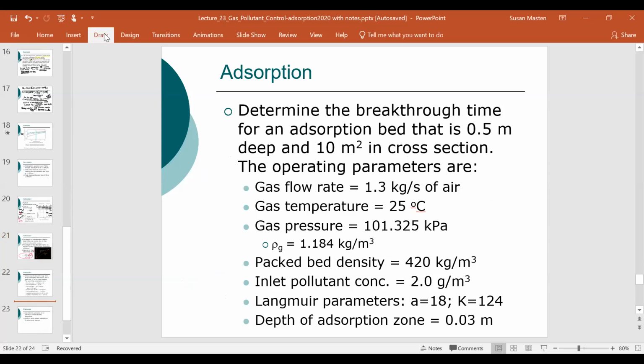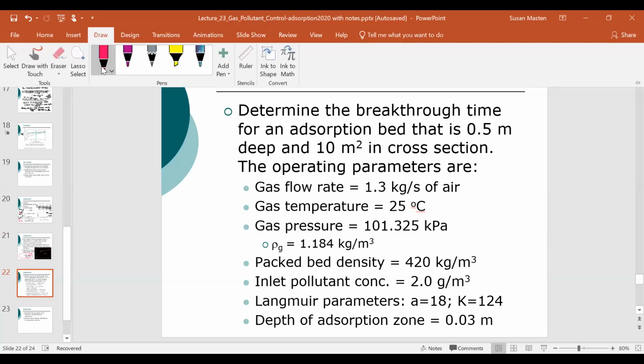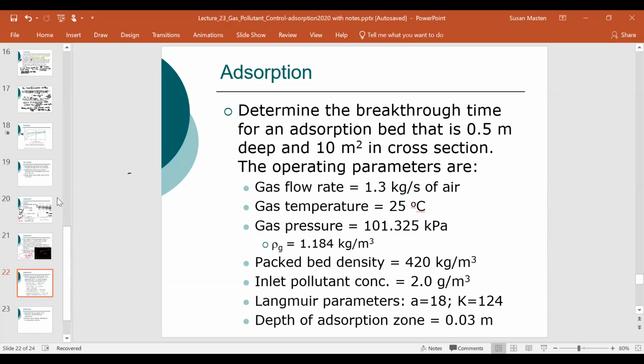So let's look at this example. Actually, I'm going to use the highlighter first. We're looking to determine the breakthrough time. We have a bed that is 0.5 meters, that's Z, and is 10 meters squared in cross-section. We have a gas flow rate of 1.3 kilograms per second.